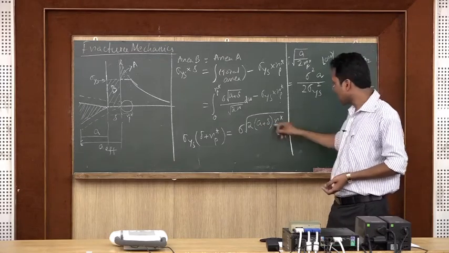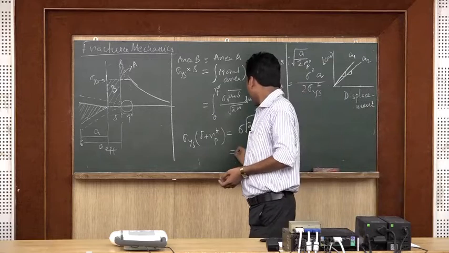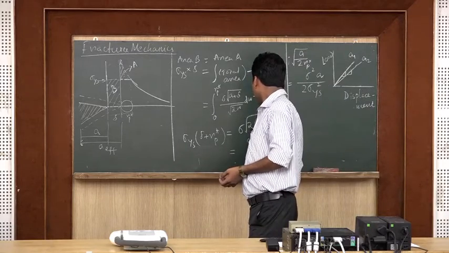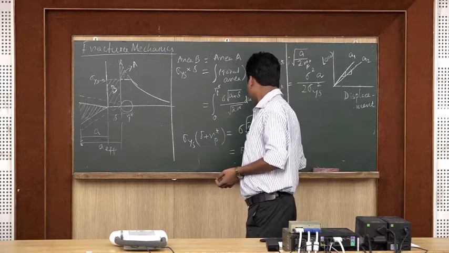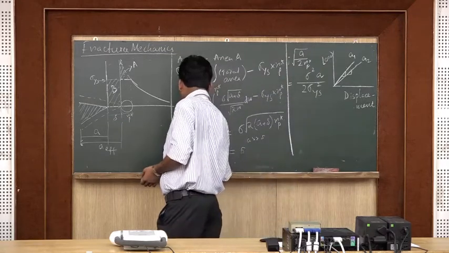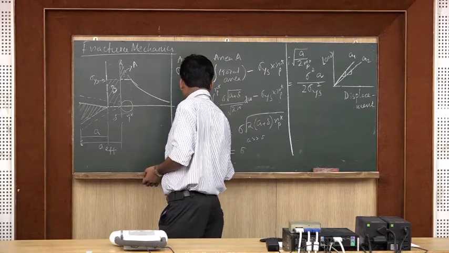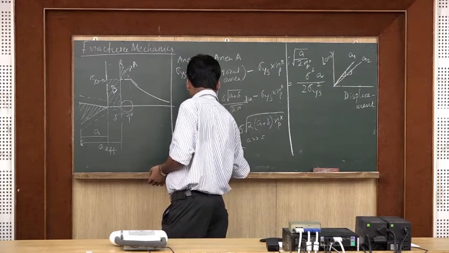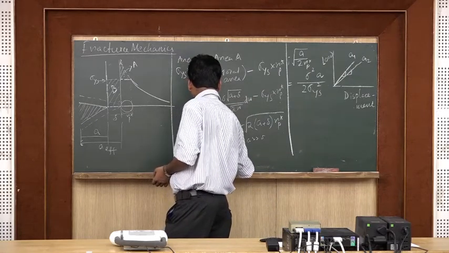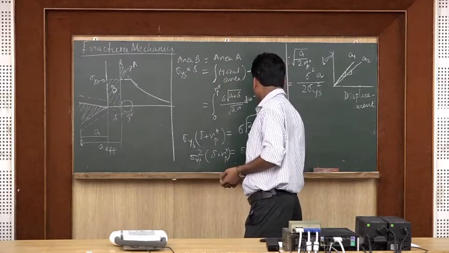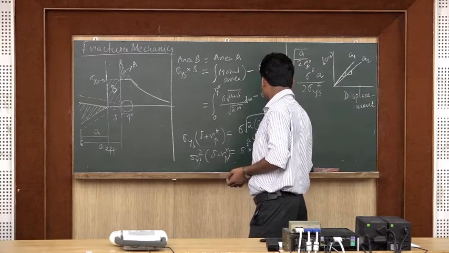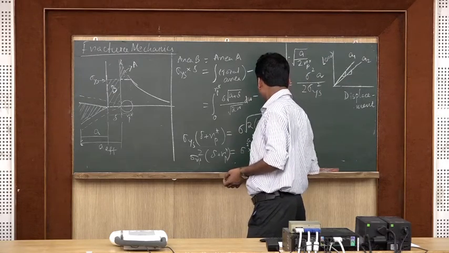So if I do not use delta here, as a is very much greater than delta, I can write sigma ys square into (delta plus rp star) equal to sigma square into 2a rp star.